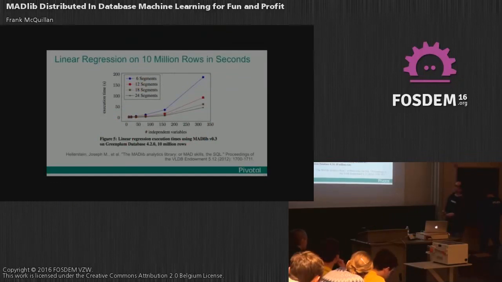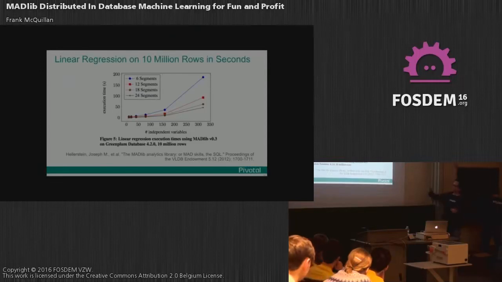I have a couple of charts on scalability here. The way to read this one, this is scaling by cluster size, if you will. On the x-axis, you have the number of independent variables, and on the y-axis is the execution time. This is for linear regression on 10 million rows, and you can see in the top right-hand side there, if you have 6 segments of worker nodes, it takes about 200 seconds.